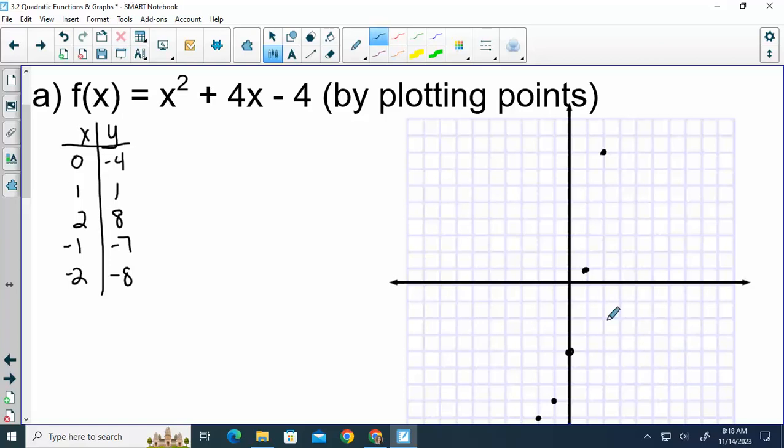No. Okay. Keep going. If I put in negative 3, negative 3 squared is positive 9, plus negative 12 minus 4, negative 7. Is that enough?